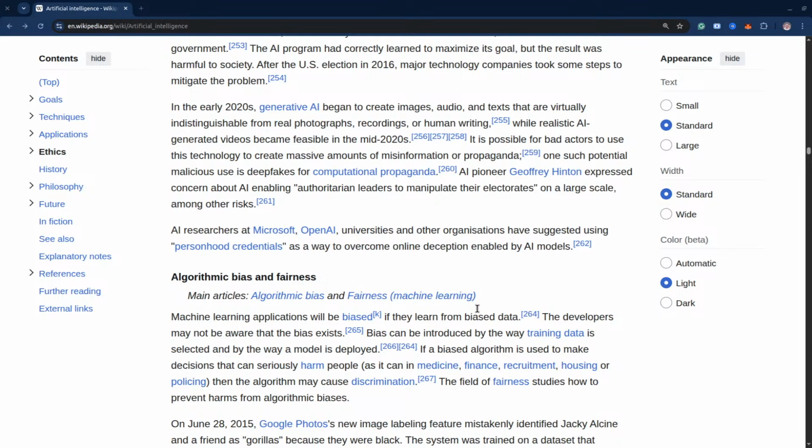We also have the AI winter and breakthroughs, and modern AI eras, which are big data, deep learning, and generative AI.